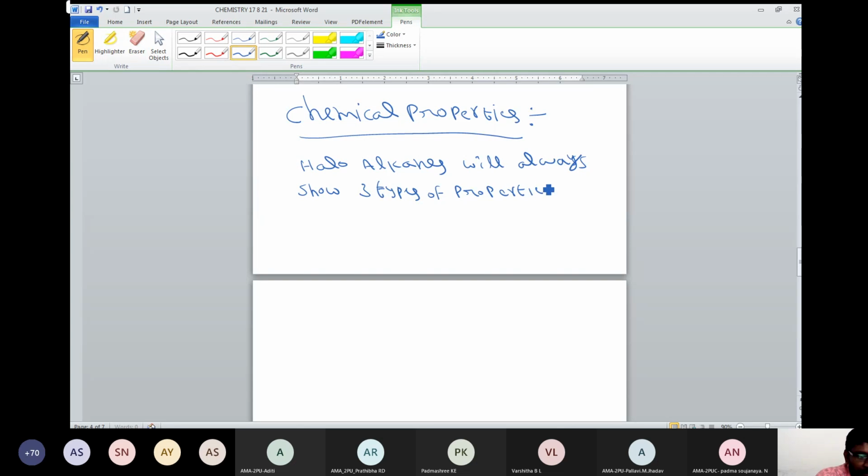Three types of properties, that is: first one, reaction with metals. Second one is nucleophilic substitution.